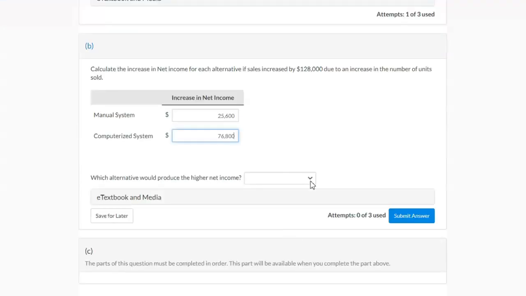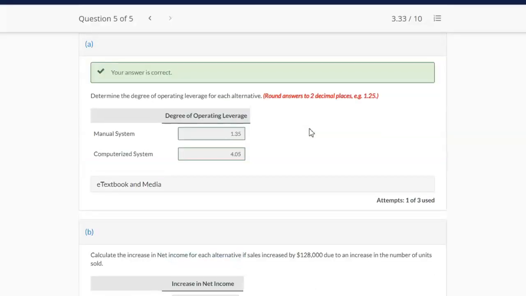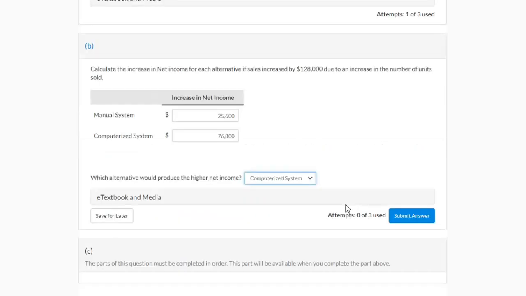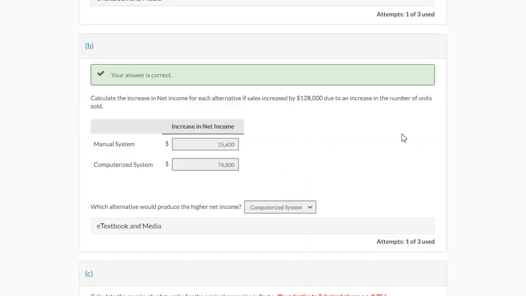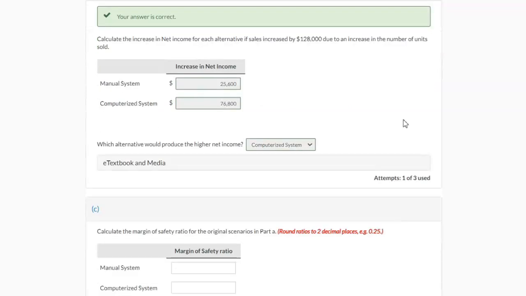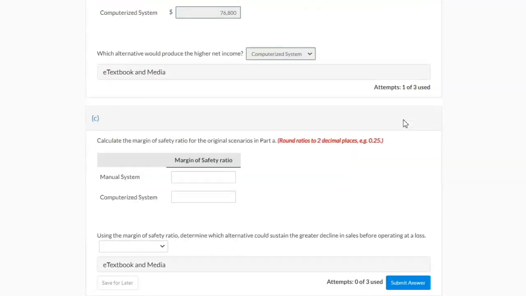Right. So which one was better income? This one, because it's an increase. Right. So put computer. Okay. There you go. Did you see? Did you follow that? You could have done the same thing by taking the percentage increase times the degree of operating leverage, but times 128.